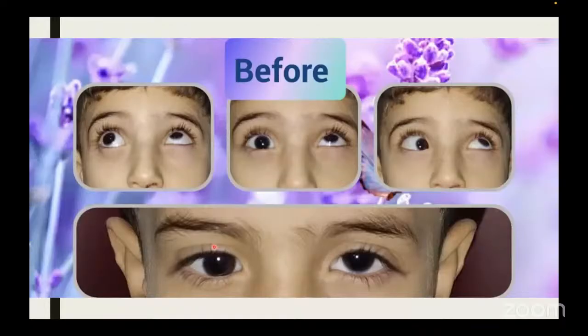Regarding acquired Brown syndrome, usually we do not do surgery. We can do medical treatment, either systemic steroids or systemic non-steroidal anti-inflammatory drugs, or giving triamcinolone or betamethasone injection in the trochlear area.